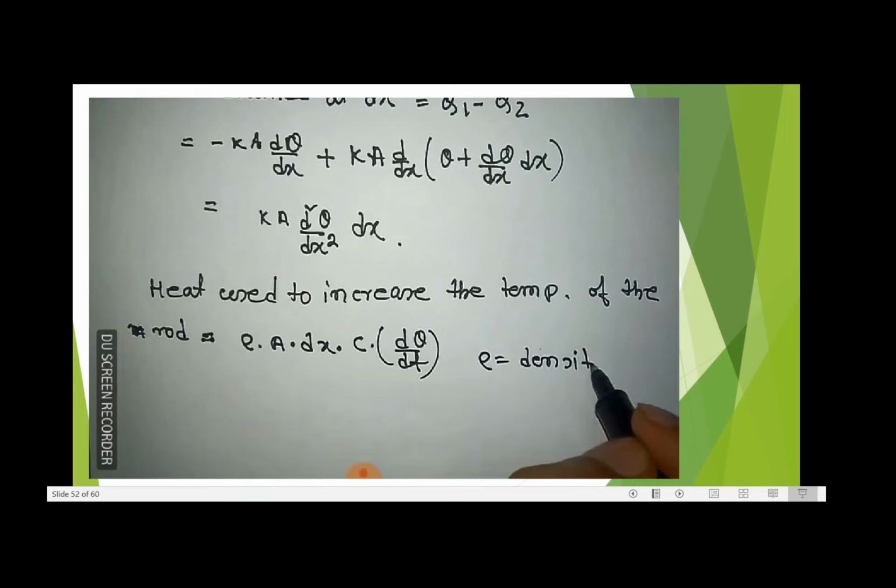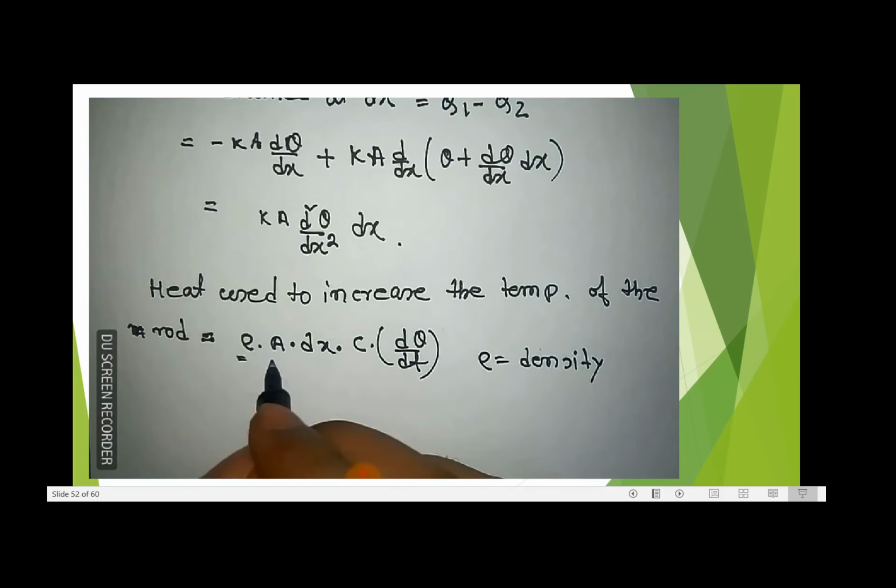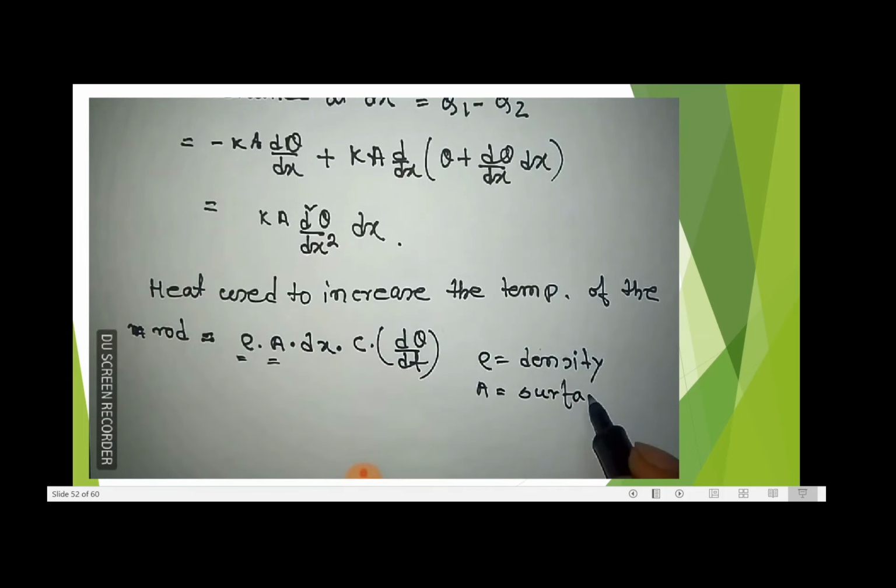A is the cross-sectional area of the rod. C is the specific heat of the material, obviously of the rod, and d theta/dt is the rate of increase of temperature with respect to time.